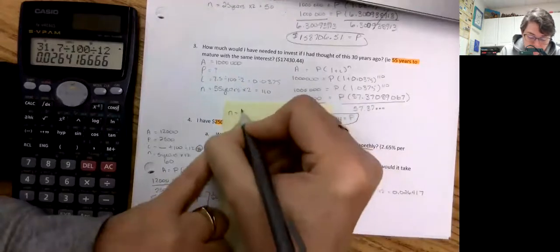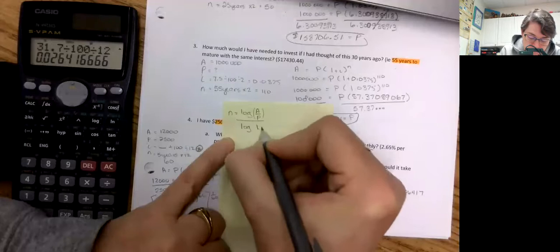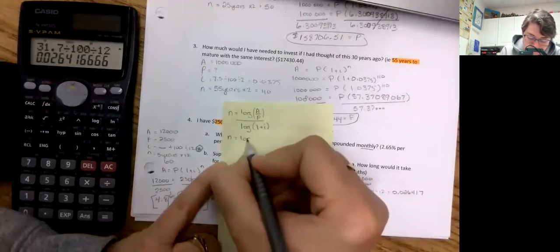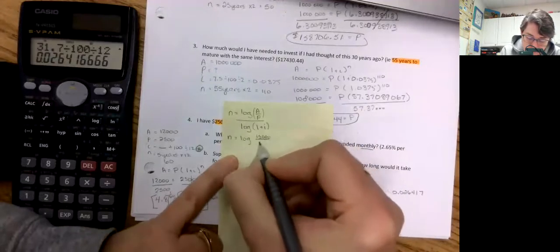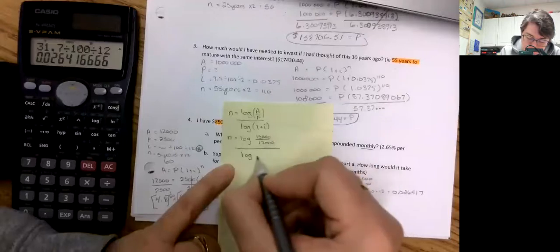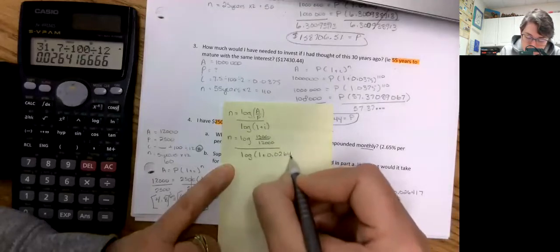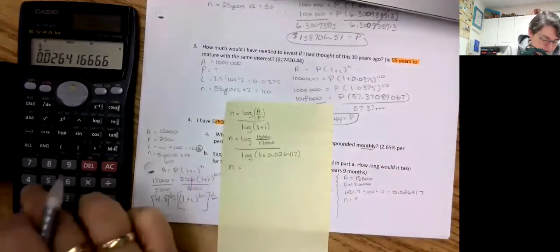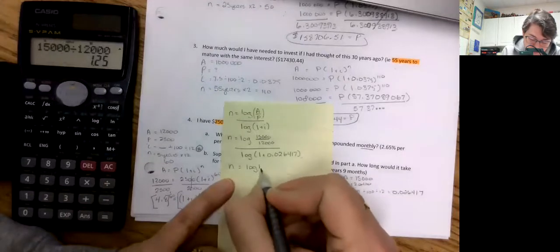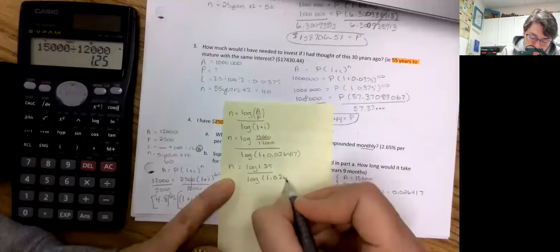So n is equal to the log of A over P divided by the log of 1 plus I. So log of 15,000 over 12,000, over the log of 1 plus 0.026417. 15,000 divided by 12,000 is 1.25. So log 1.25 over log 1.02647.